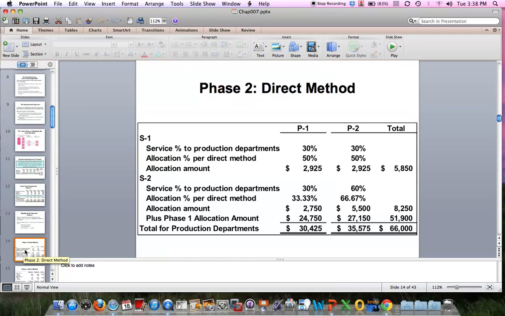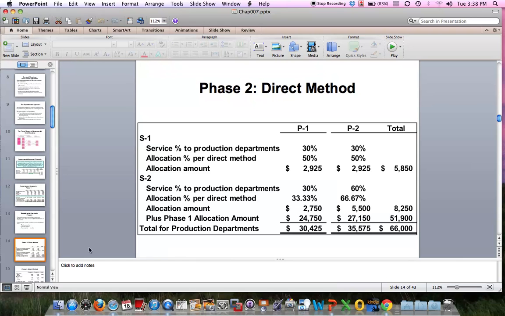And so then page 229, we'll start the direct method. And it's really key that you look at the top half of 229, where they look at each service department and they figure out then the net service to both production departments from Service Department 1 and then from Service Department 2.